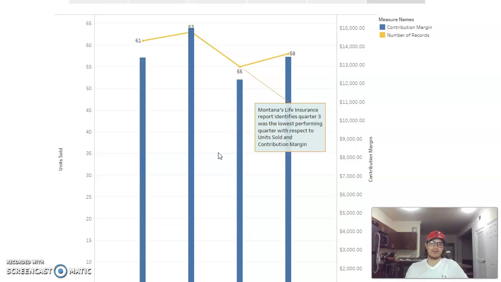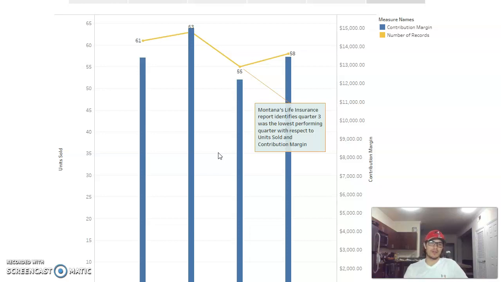And you can tell that from quarter 2 to quarter 3 we had a significant drop in policies, and then from quarter 3 to quarter 4 we see a steady rise.